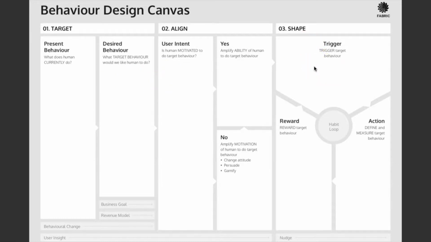So much like other canvases, I'd encourage you to approach this canvas with a nonlinear mindset, but do understand that the flow of the logic and the relationship between the elements in the canvas are from left to right and through these three stages: target, align, and shape, which is essentially the pathway into behavior design. Now I'll go into the three stages step by step.